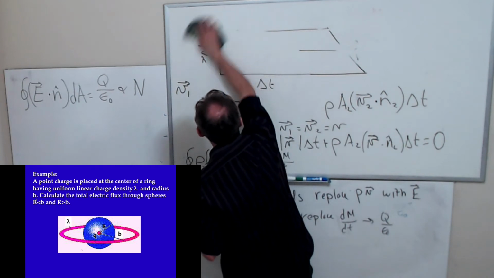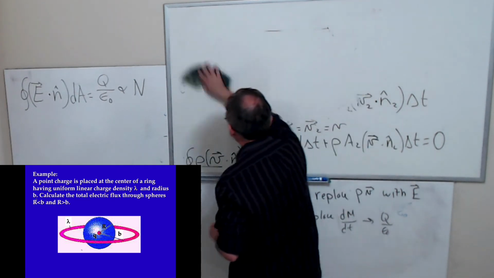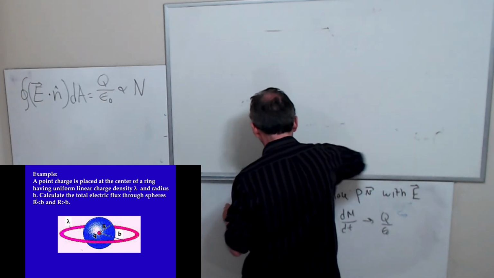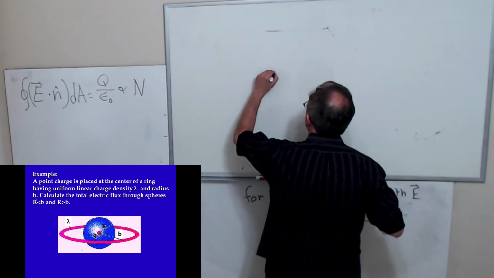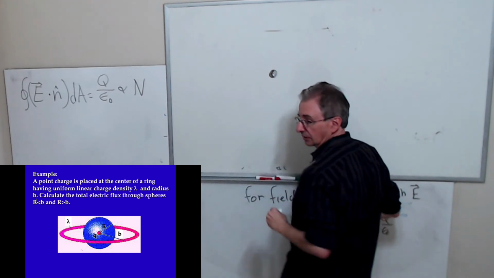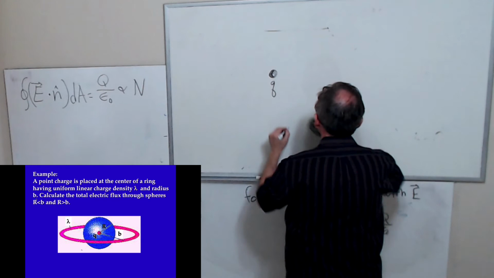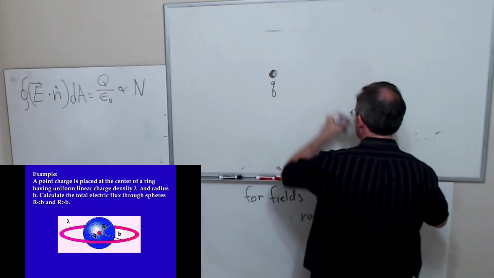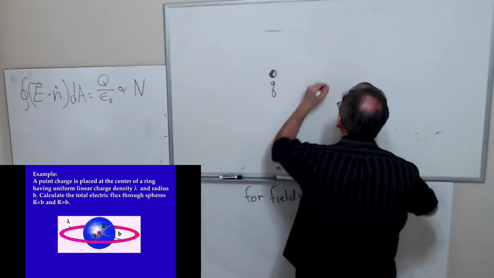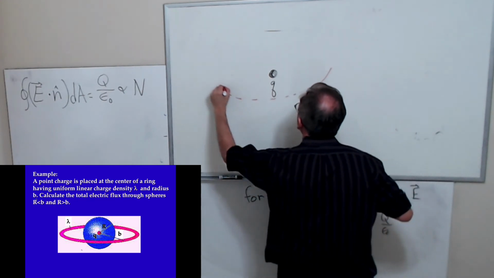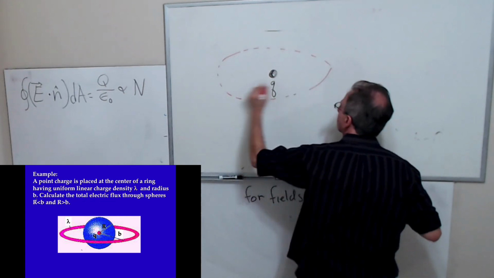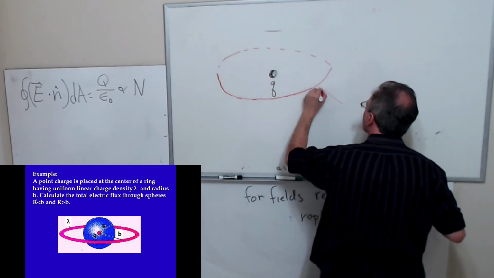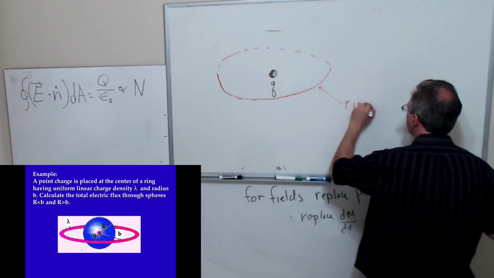Okay, well, let's figure out what we can do here. Here is my charge Q. And let me draw the ring. I'll draw it in red. I'll write down ring of charge.